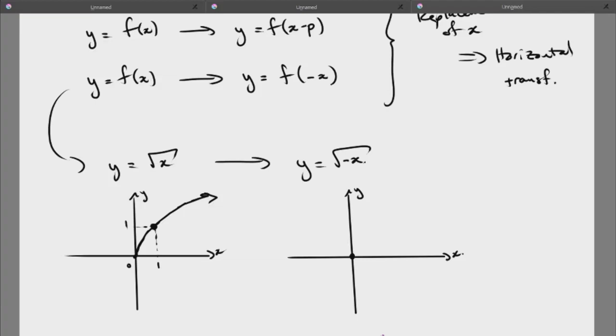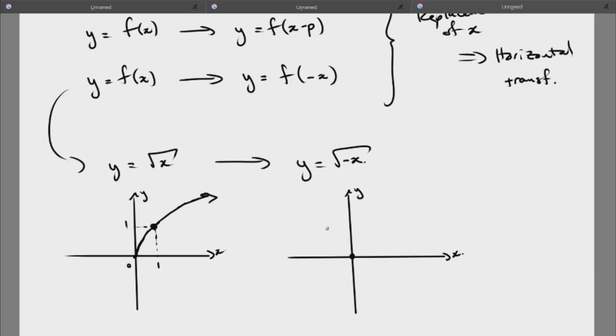But previously, in the basic square root function, to get a y value of 1, x had to be 1. Now to get a y value of 1, x will have to be what? It has to be -1, so that a -1 gives me a 1 inside the square root, thereby giving me y equal to 1.